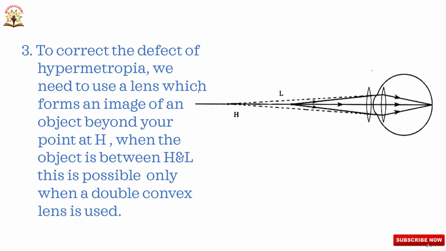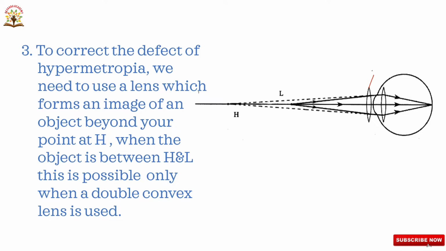So see this diagram. Here we are rectifying the image for those suffering from the eye defect hypermetropia. Here we are using the biconvex lens to correct hypermetropia.